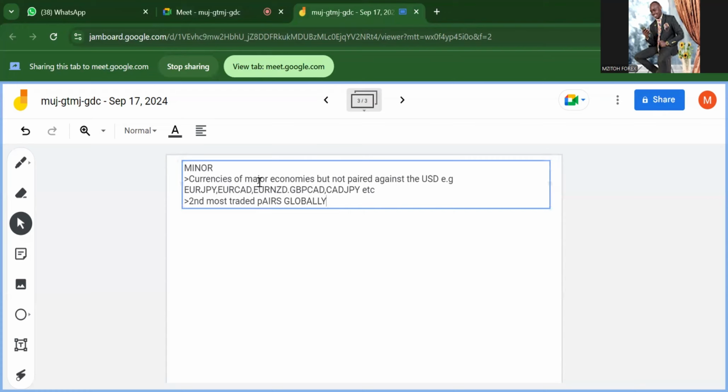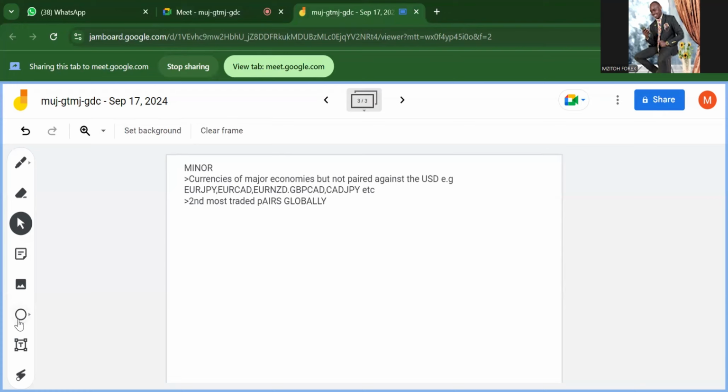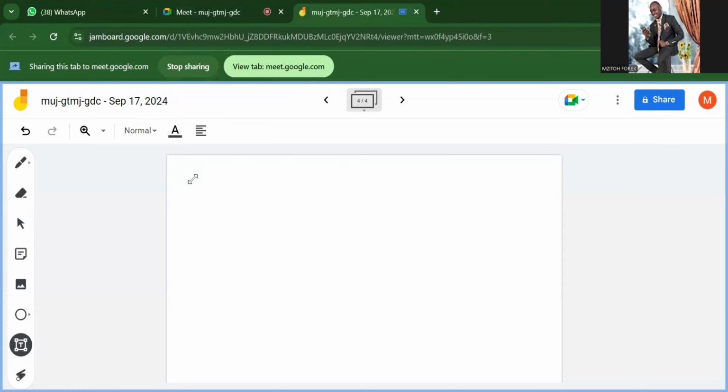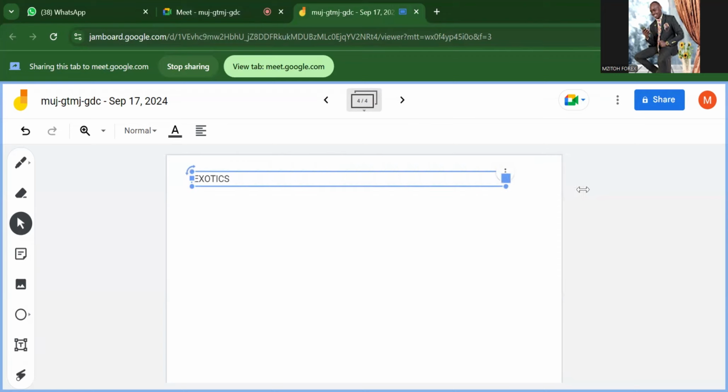And now lastly, we are going to tackle what we call the exotic currencies. These are simply currencies paired against the currencies of developing economies.